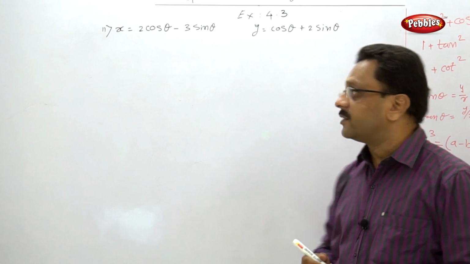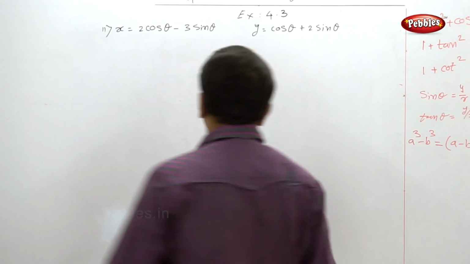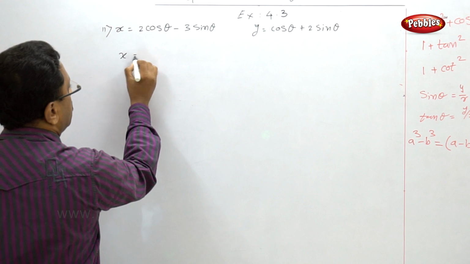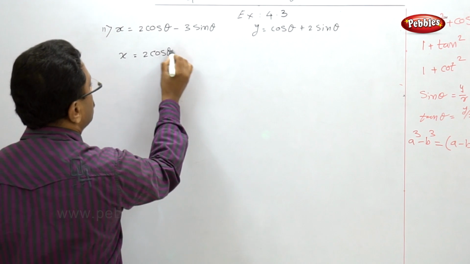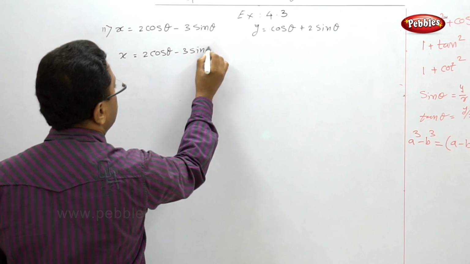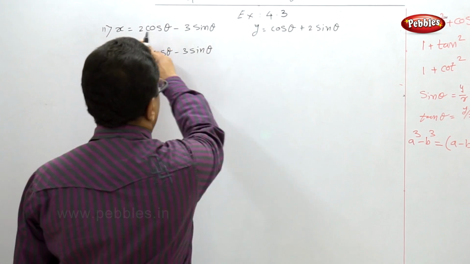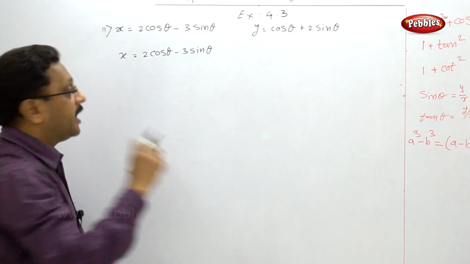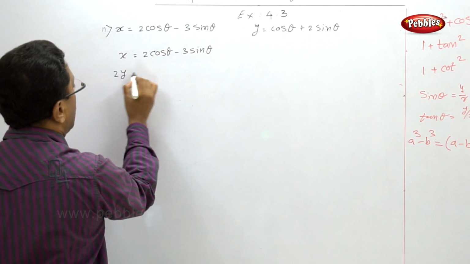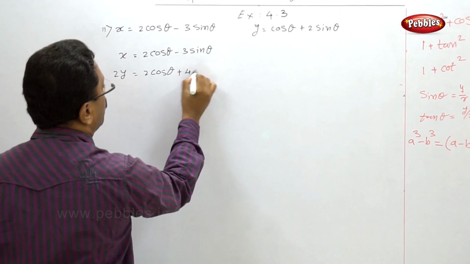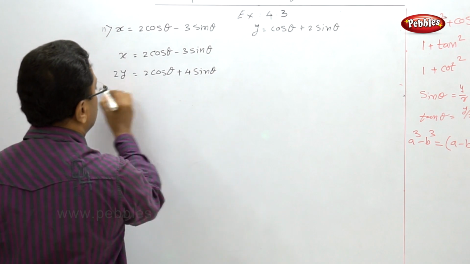So let us solve this example. First, x equal to 2 cos theta minus 3 sin theta, and I am multiplying this equation by 2 and writing the answer directly. So 2y is equal to 2 cos theta plus 4 sin theta.